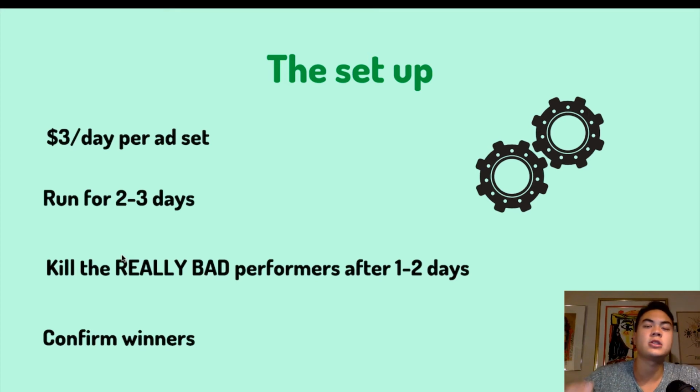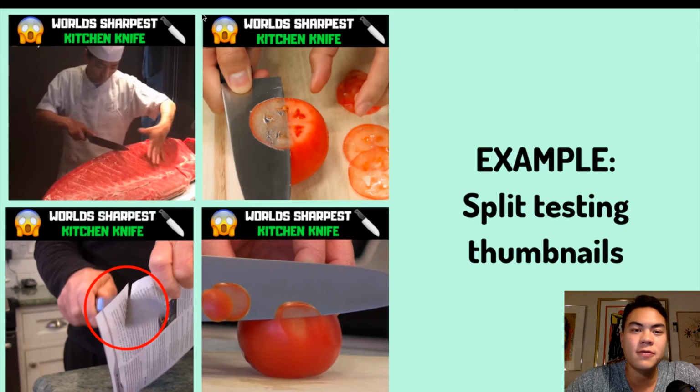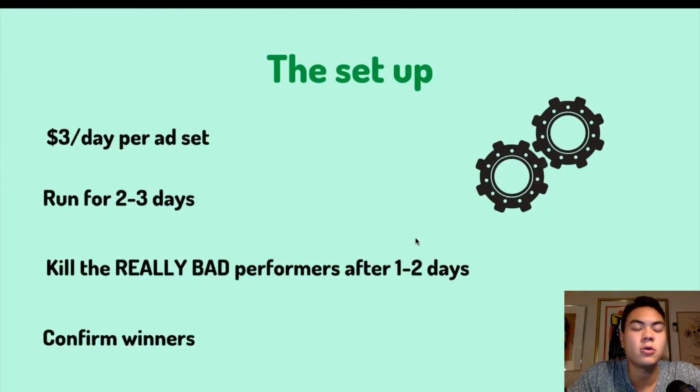For example, if these two thumbnails are performing very similar, like 5.1 and this one has 5.2% in link CTR, I would just duplicate them, start them from scratch again, and see which one is performing better than the other, and hopefully you can get a clear result that way.